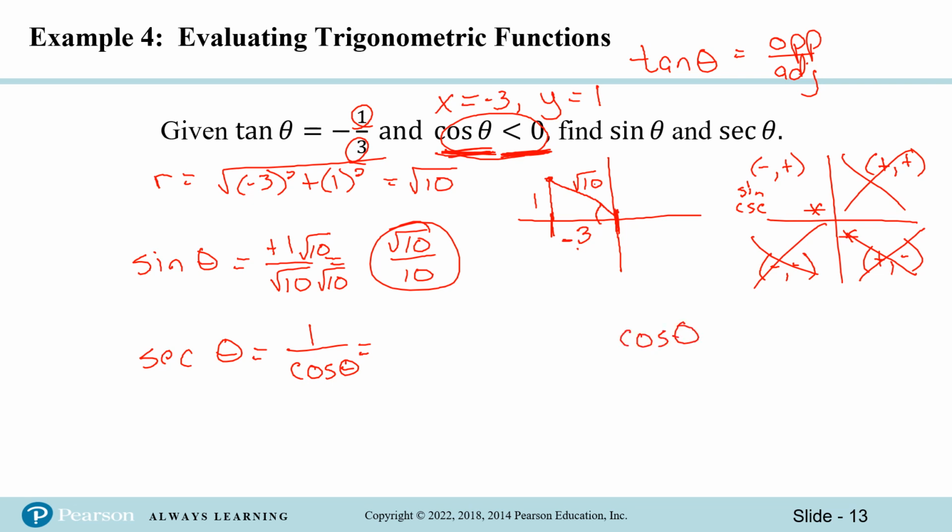They didn't ask for it, but I'm just going to do it. So I need the reciprocal. So this is going to give me, and we've got a negative there, so negative square root of 10 over 3. And is the secant negative in quadrant 2? Yes, because the only ones that are positive are the sine and the cosecant. So we got our positives and negatives correct.